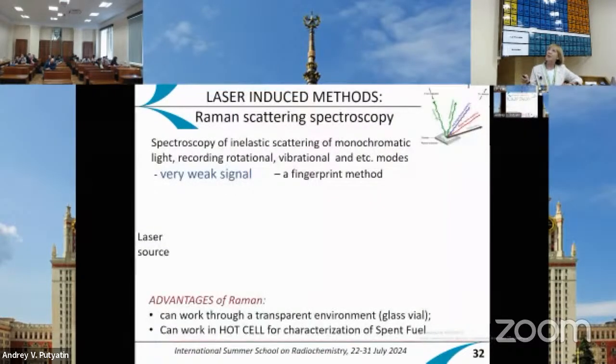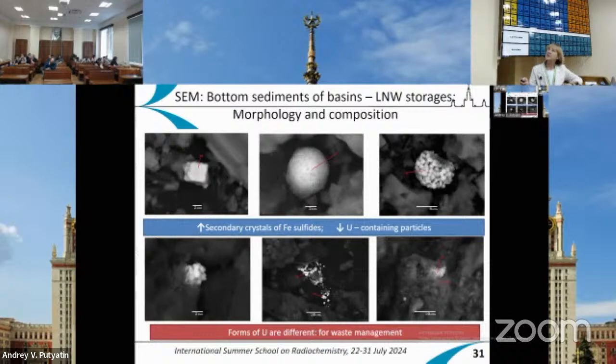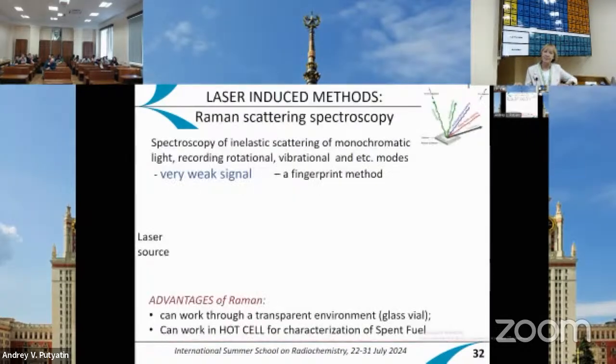There are some iron containing particles and uranium containing particles in different forms. So you can see here it is uranium with organic matter, and here it is uranium oxide, and uranium with some iron and stainless steel fragments.